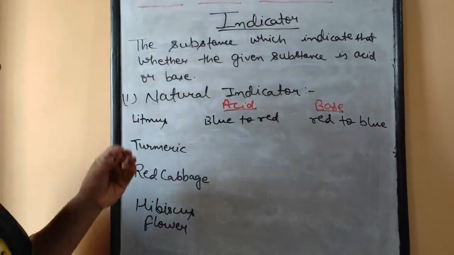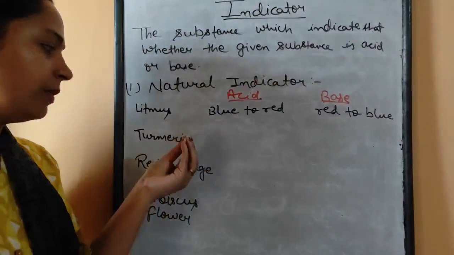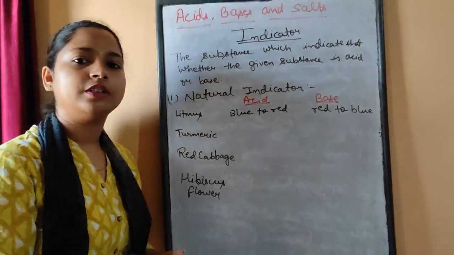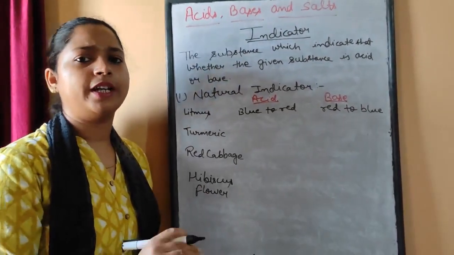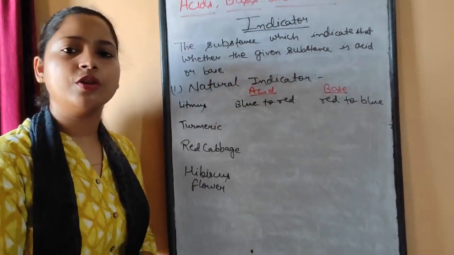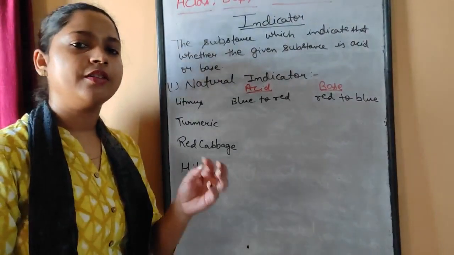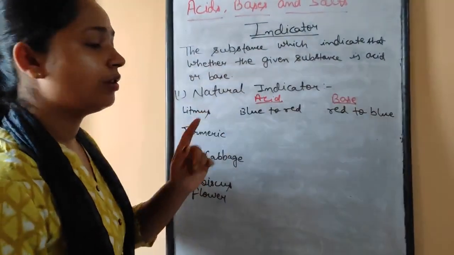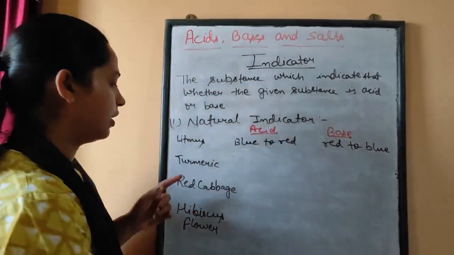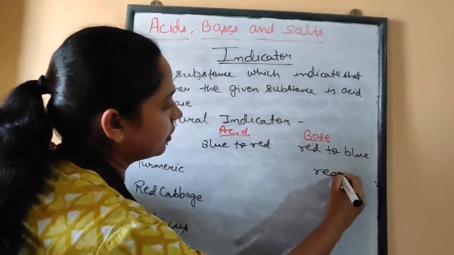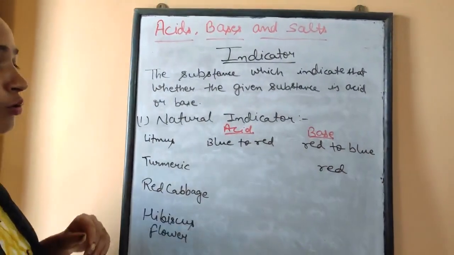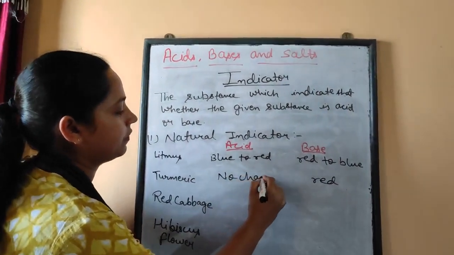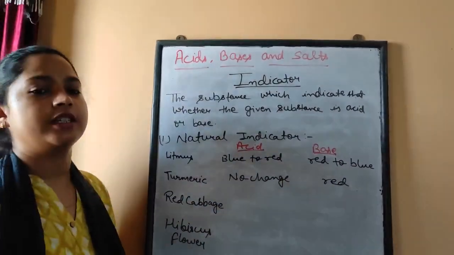Now turmeric, all of you have seen the turmeric. If the turmeric paste or the vegetables fall on your clothes and you apply detergent on it, what change do you observe? There is a change in the color of this yellow turmeric into red. So detergent is what? Base. So we can write here, it turns to red, yellow to red. And in acid there is no change if we use turmeric as indicator.